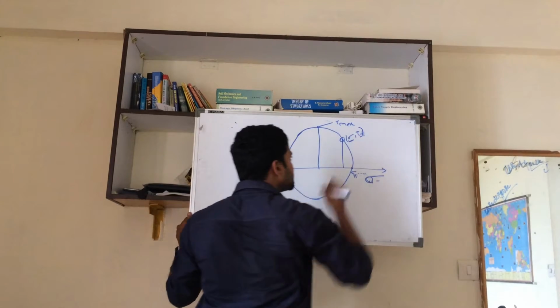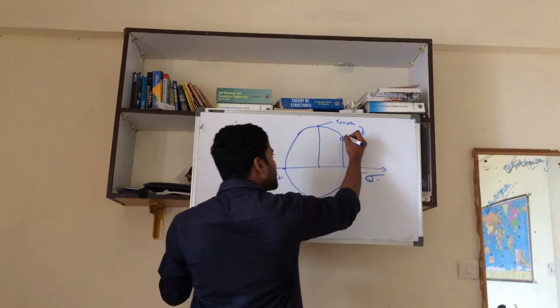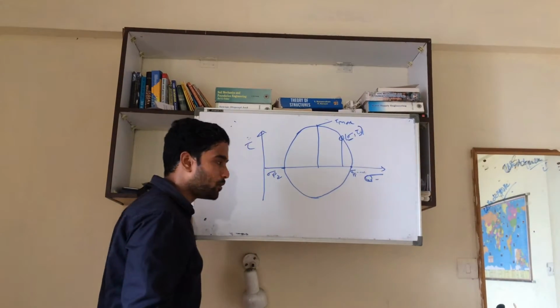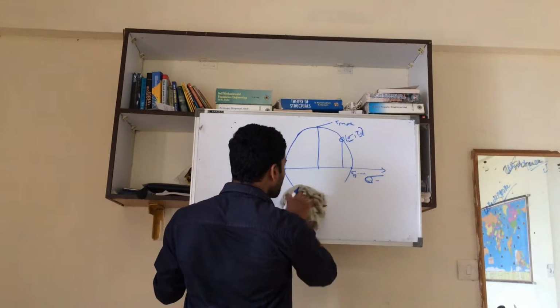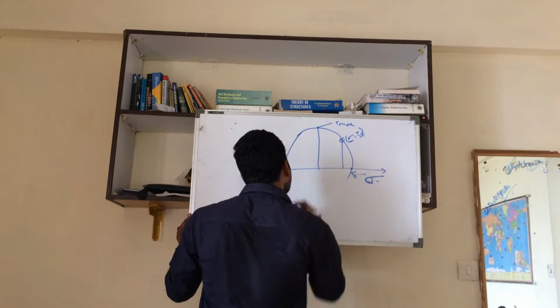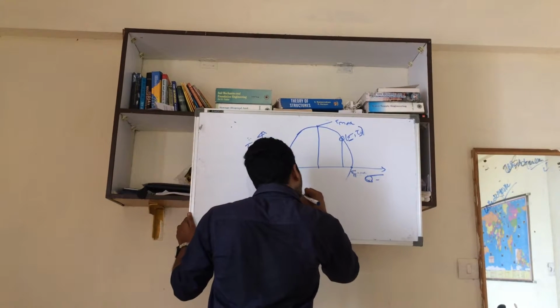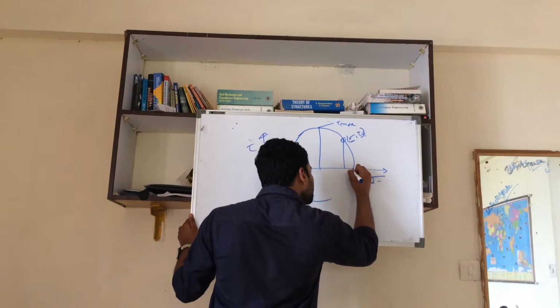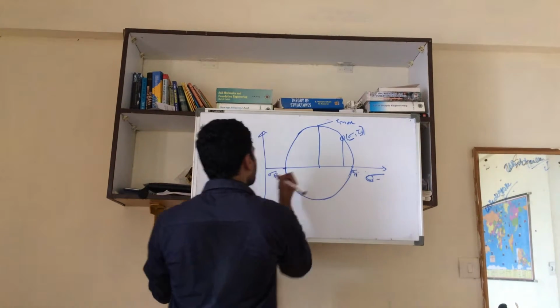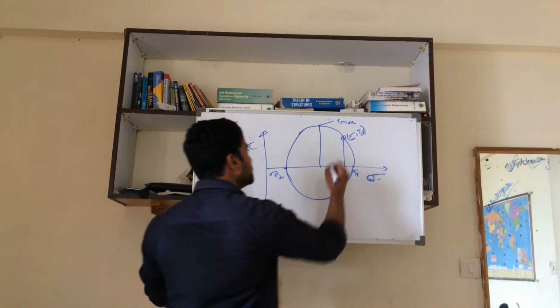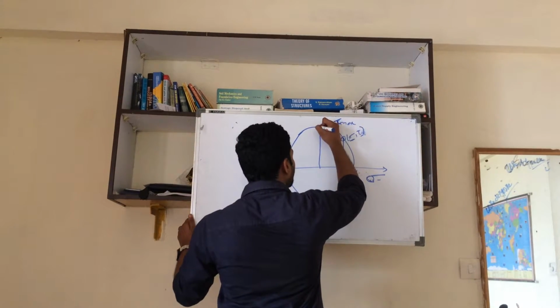That is, normal stress and shear stress on that plane can be calculated just by locating that point. Sigma p1, sigma p2. This is the tau max plane.